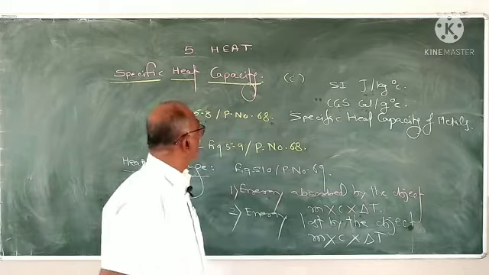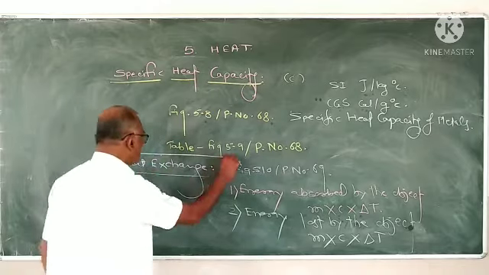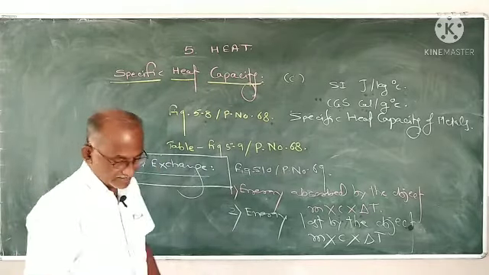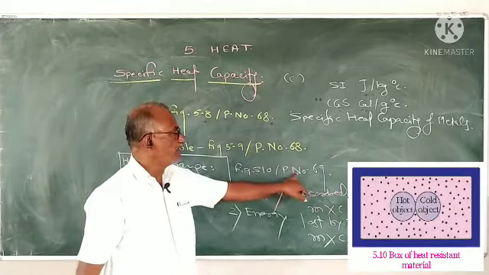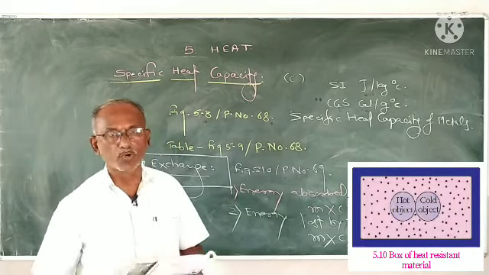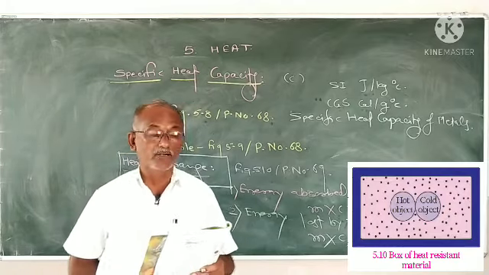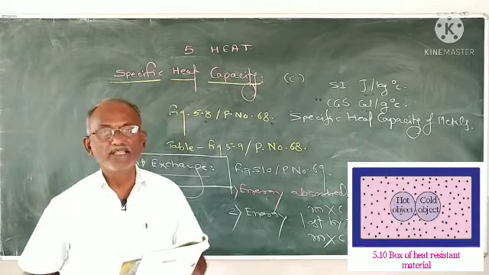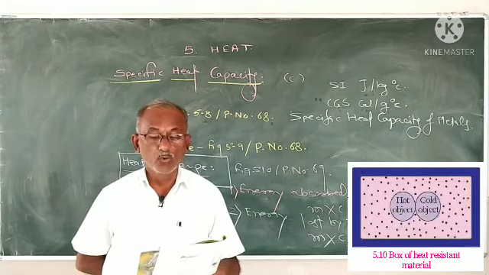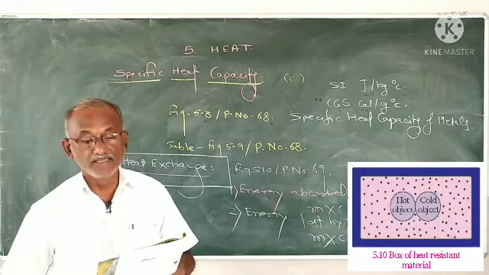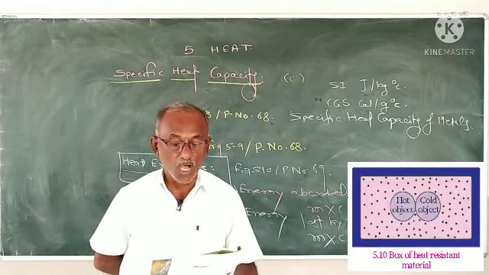Now another concept: heat exchange. There is a figure on page number 69 of your textbook. If heat is exchanged between a hot and a cold object, the temperature of the cold object goes on increasing due to gain of energy, and the temperature of the hot object goes on decreasing due to loss of energy.